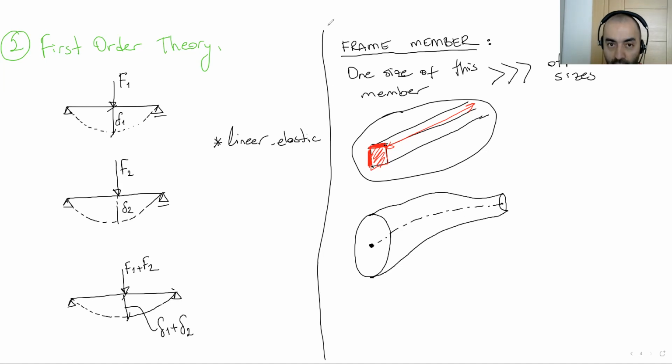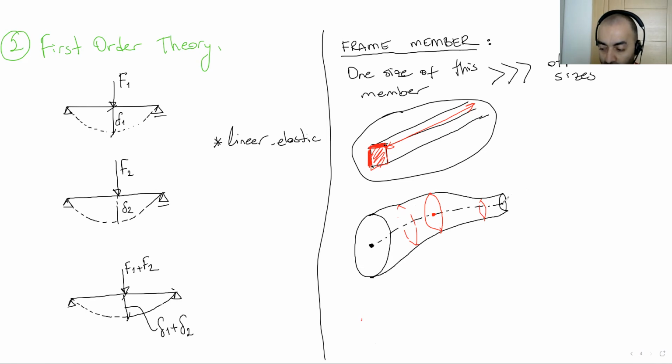For example, if I have a section at this point, this line goes from the center point of this circle. It's same for this point. It's same for this point. So we connect all these section centers to each other.